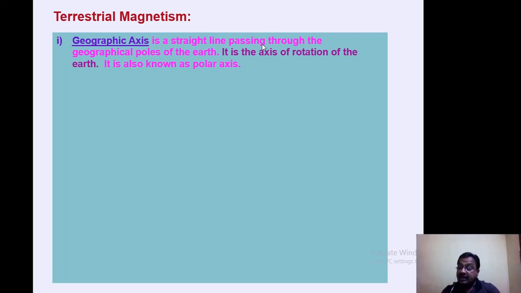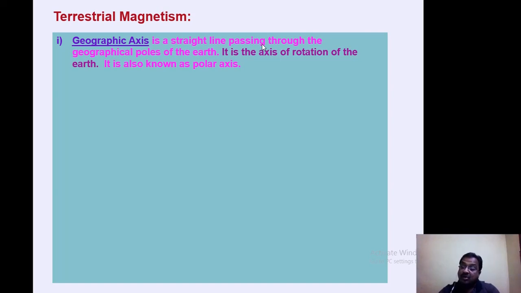And magnetic intensity at any point on the surface of the earth can be clearly analyzed if we assume an imaginary magnet at the center of the earth, situated in such a way that its axis makes an angle of approximately 17 degrees with the geographic axis, as is calculated. So one thing comes to our mind, what is the geographic axis; that we will discuss.